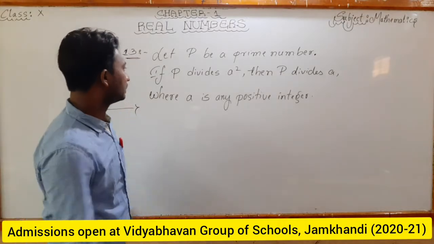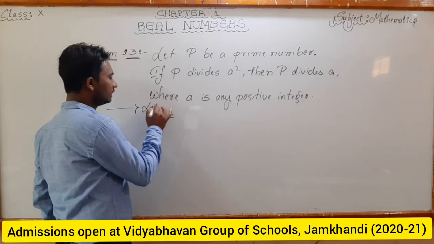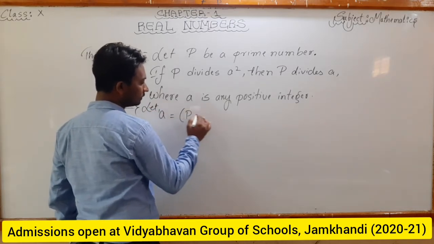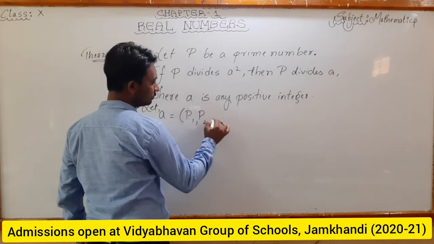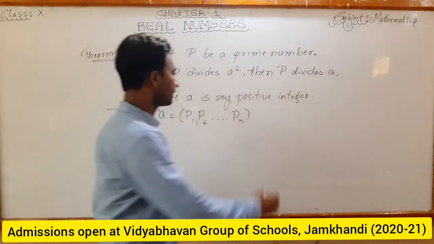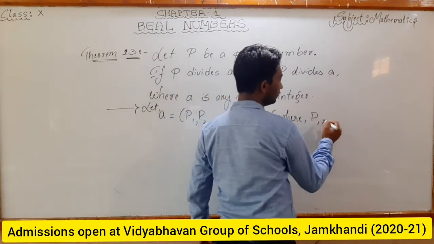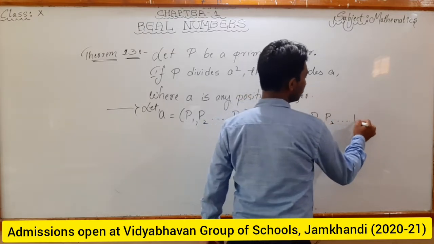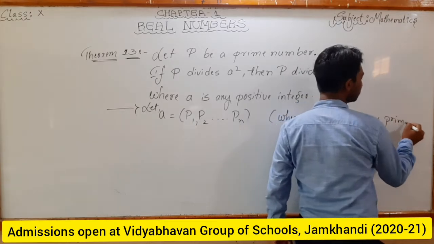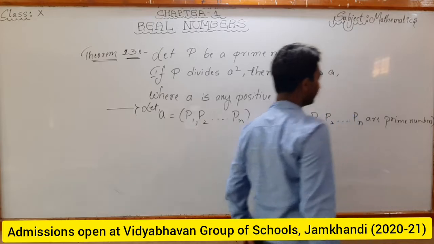According to it, A is equal to P1, P2, up to Pn, where P1, P2, up to Pn are prime numbers.